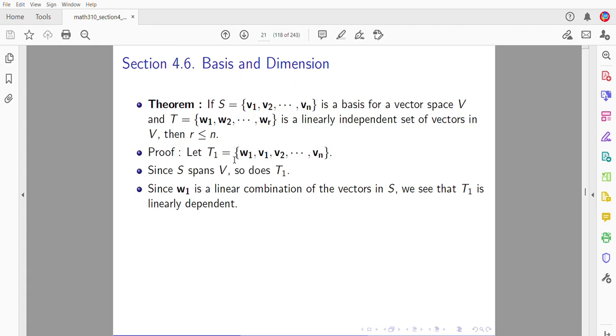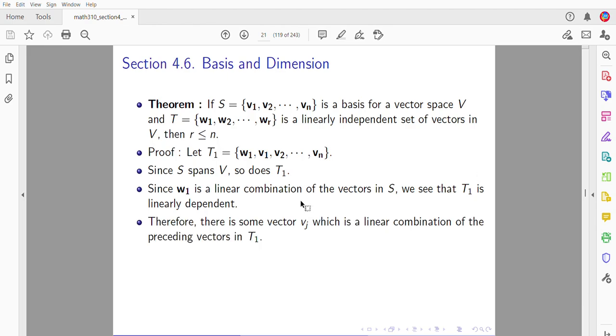Since S spans V, W1 has to be a linear combination of V1 through Vn. In other words, T1 is linearly dependent. If one vector is a linear combination of the others, then it is linearly dependent.